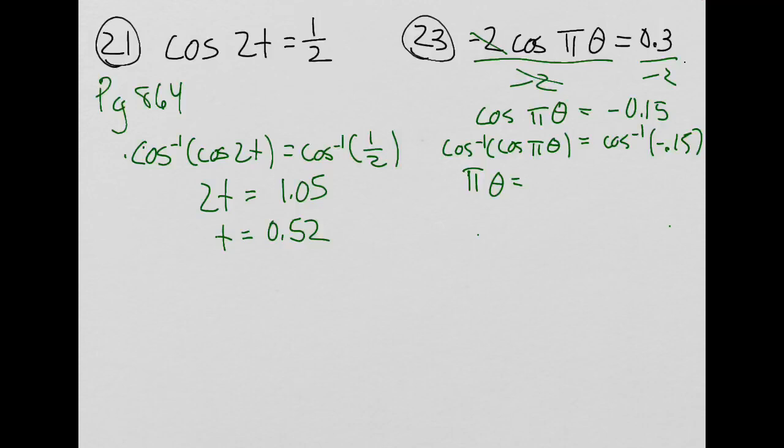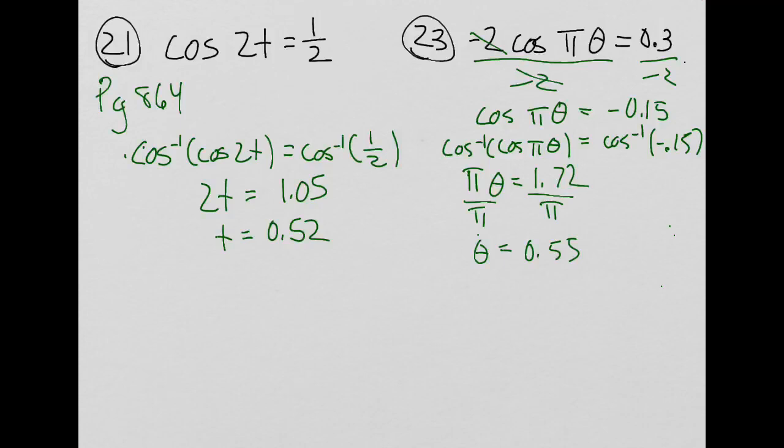Do that on your calculator. Make sure you are in radian mode while you do this. Inverse cosine of negative 0.15, I get 1.72. Now I just have to divide both sides by pi. So theta is equal to 1.72 divided by pi, which is approximately 0.55.